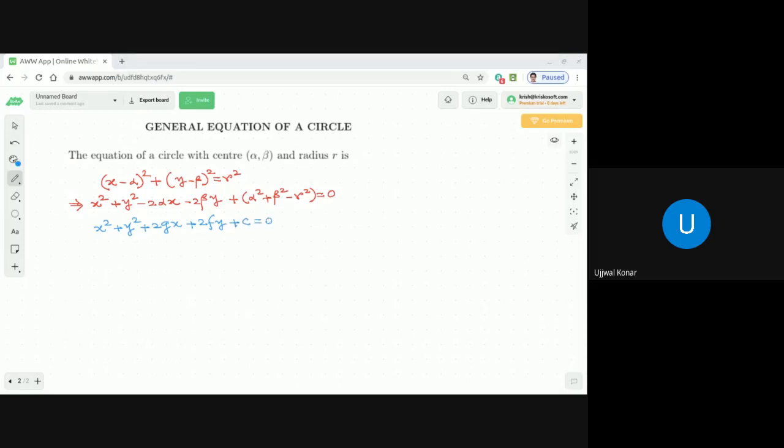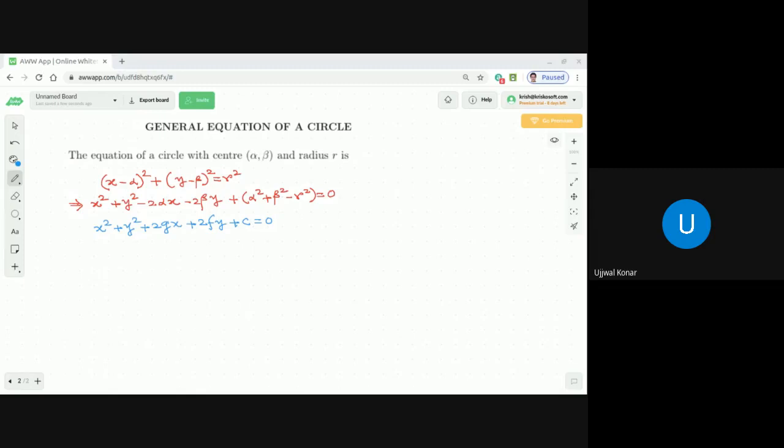Okay, so this is what I wrote in the blue color, dear students. It is the standard equation of a circle. Also you can say this is a general equation of a circle, where g, f and c are constants.